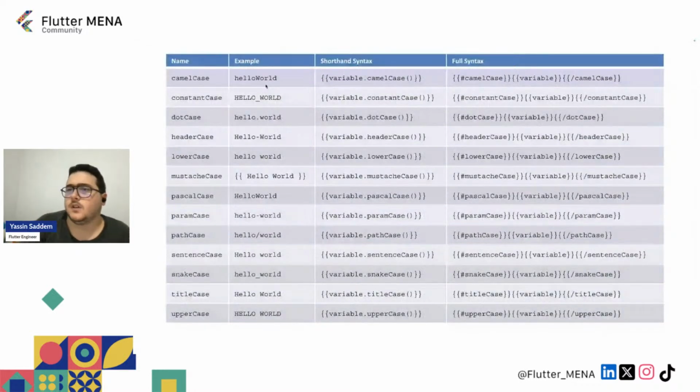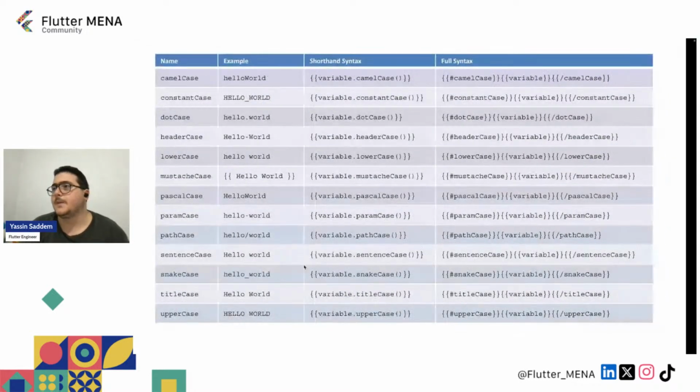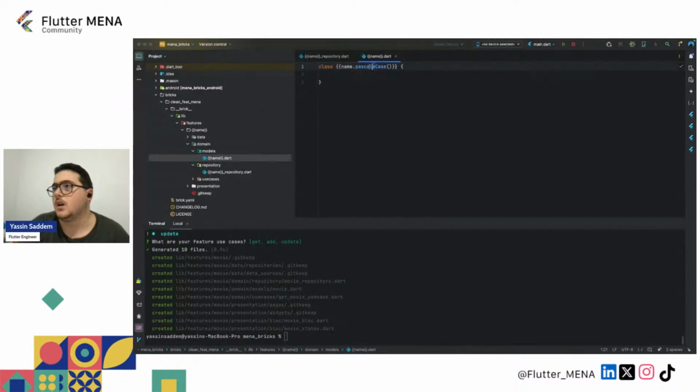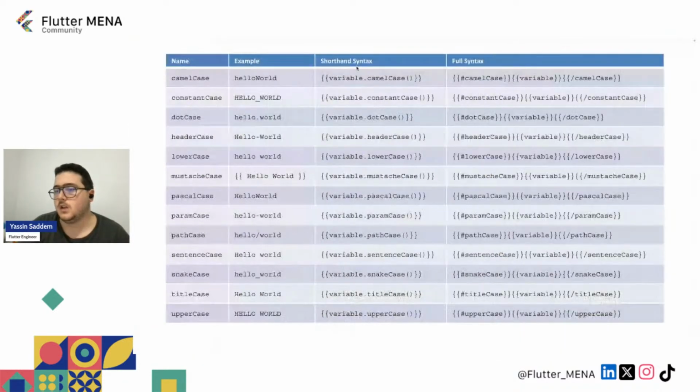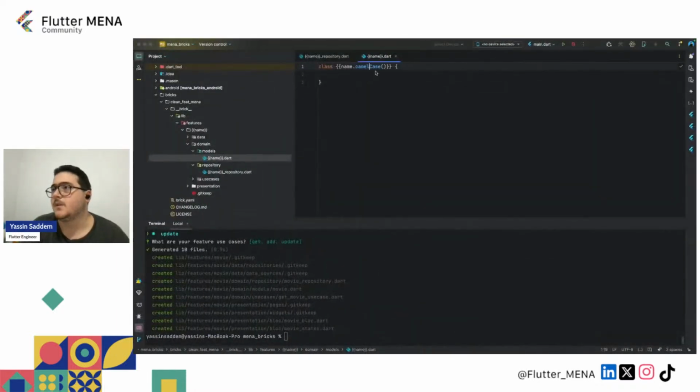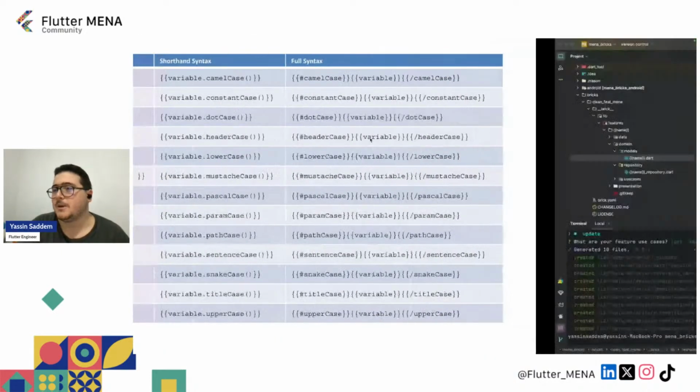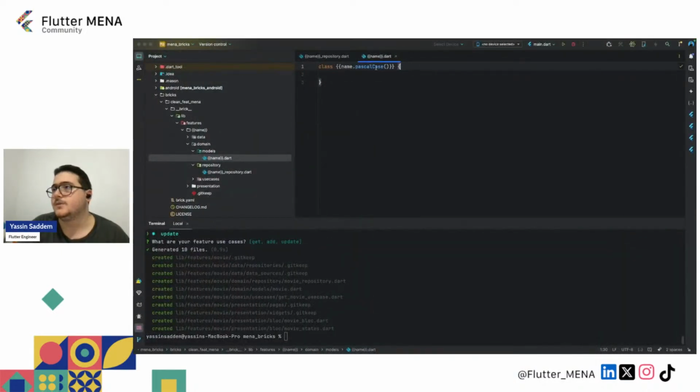Sorry, it's not, it's camel case. I think I wrote it right, or no, I'm wrong. So Pascal case. I always forget these names. So Pascal case here, and we are going to need it one more time.